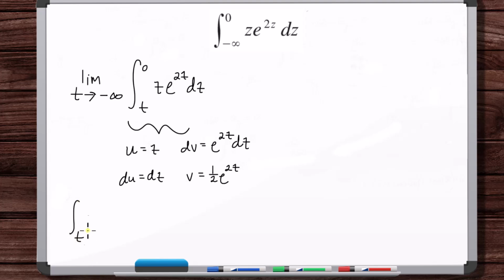So u times v evaluated from t to 0 minus the integral from t to 0 of v du.